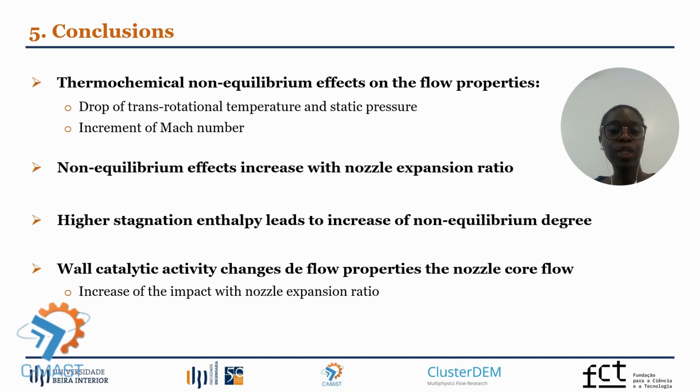Also, we could conclude that the non-equilibrium effect increases with the nozzle expansion ratio, and higher stagnation enthalpy conditions at the inlet of the nozzle will lead to an increase of the non-equilibrium degree at the exit of the nozzle and also at the test chamber.